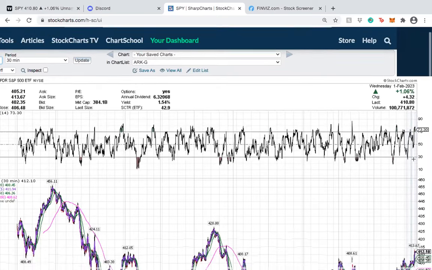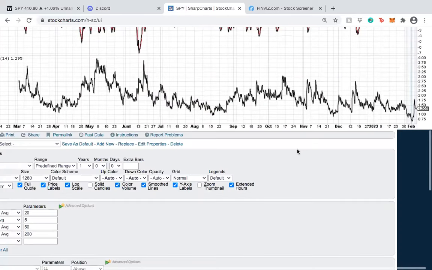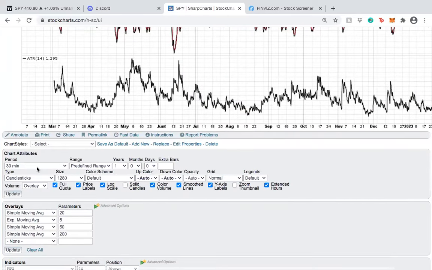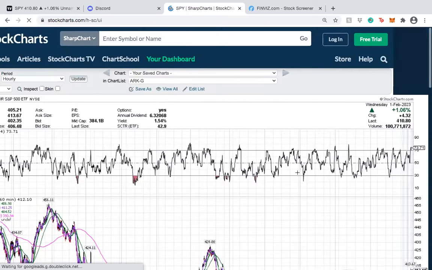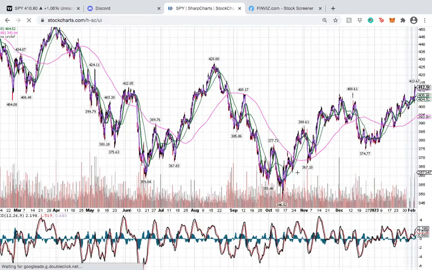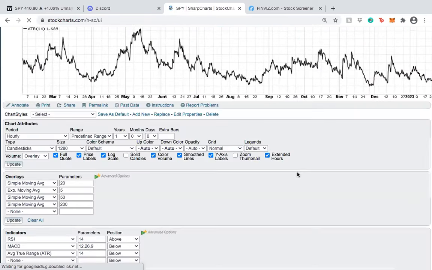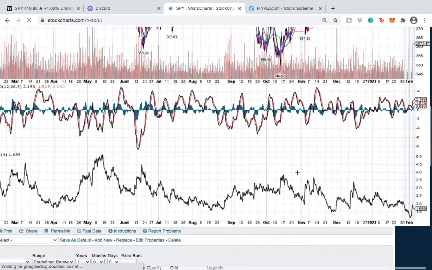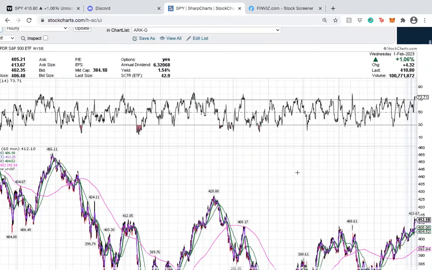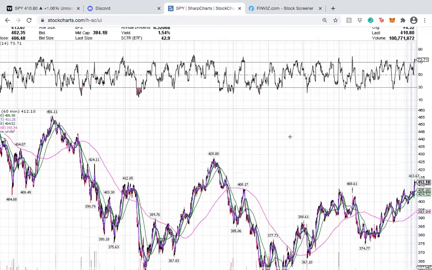So you need to understand what time frames you're looking at. Let's look at the 60-minute chart on SPY. Did that update? Yeah, the 60-minute chart is basically the same as the 30 minutes. The RSI is at 73 on the chart. So if you're day trading on this time frame, you just have to be careful, you tread lightly.